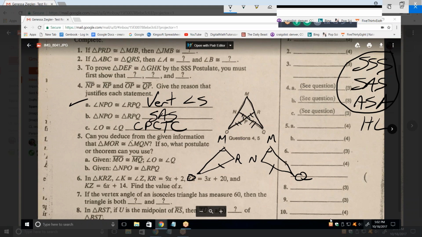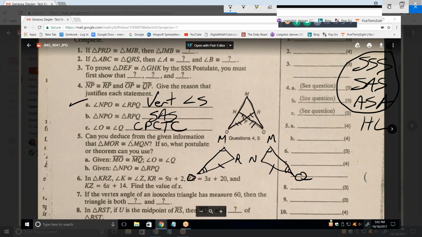Okay. Now, still haven't proved everything. In other words, all I have is one angle is equal and one side is equal. Well, what do we need to prove congruency? Let's see. Well, we know that those angles aren't part of our triangle. We know this angle here is equal to that angle there. Why?